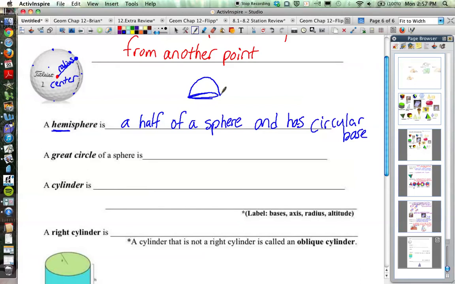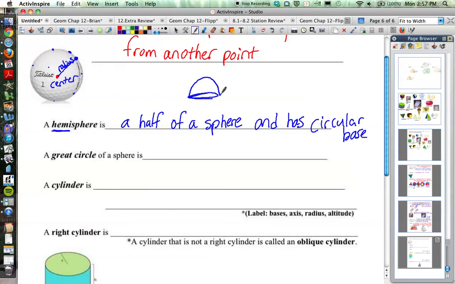That's the hemisphere. So if you take the Earth and chop it right down through the equator, right through the center, you would have the hemispheres. And in fact, that's exactly what we have when we refer to the Earth. We refer to the northern hemisphere, which is above the equator, and the southern hemisphere, which is south of the equator. And so that is a hemisphere.